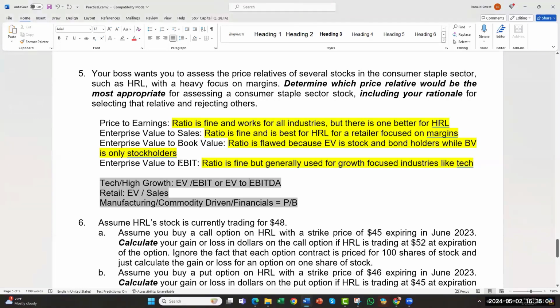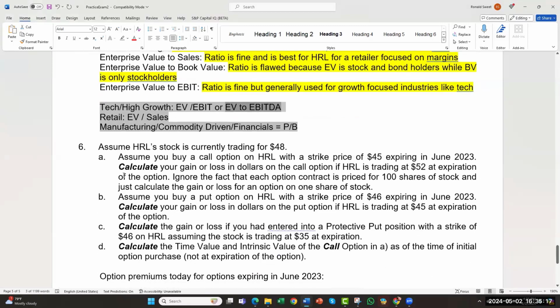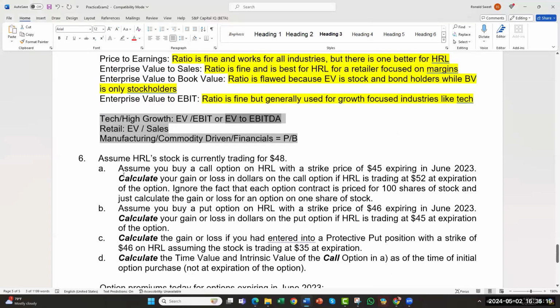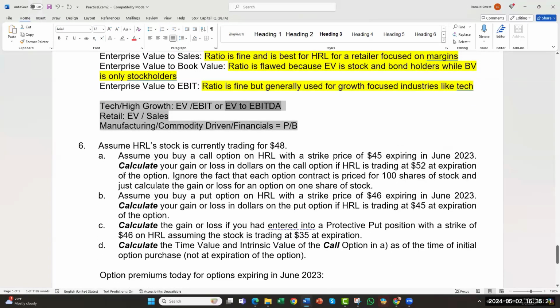But we just know EV to EBIT or EV to EBITDA, especially EV to EBITDA, is overwhelmingly their favorite one. And PEG ratios, I won't give you a PEG ratio. PEG ratios are pretty popular with tech companies, so it wouldn't be wrong. All right. Any other questions?